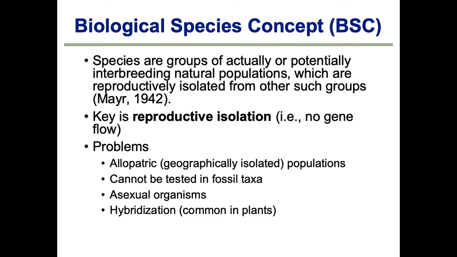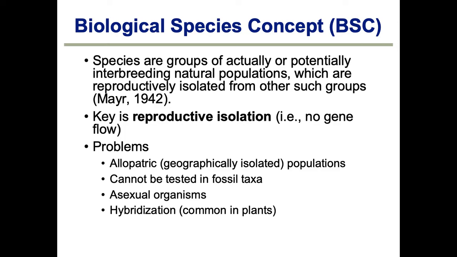There are a lot of problems with this. One is allopatric populations, meaning they're geographically isolated in space. If there's a group of this species here, and then there's an area where there's not the species, and then there's another area 200 miles away, where the species occurs again, or something that looks like the species, how do you know if they can interbreed?